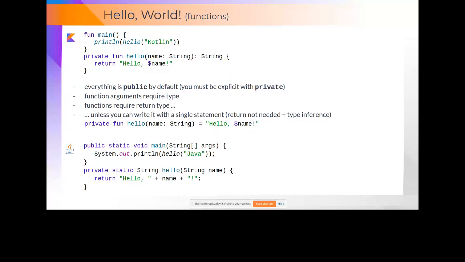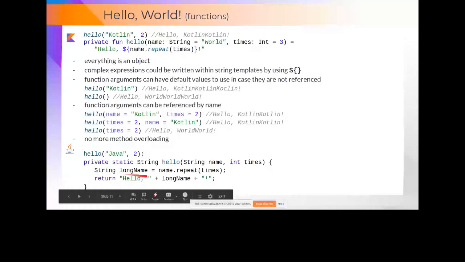And just a short comparison: here I used Java 11 code, so Java 11 already has this repeat, but older Java versions do not have this, so you have to write a loop and concatenate strings, so it would be more verbose to write the same functions. But Kotlin gives you a lot of handy functions from the very first version.